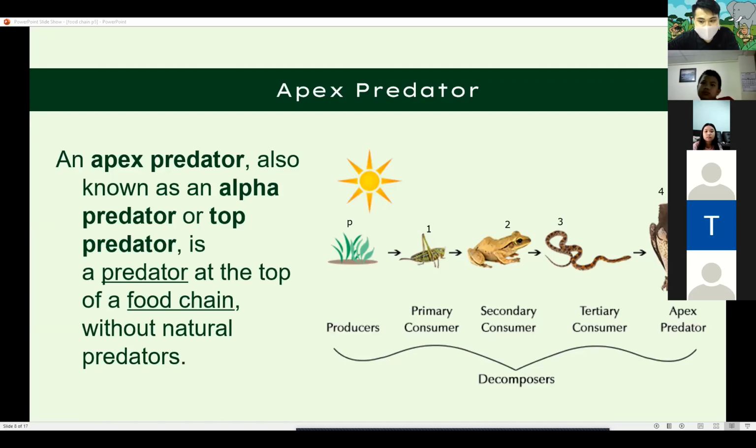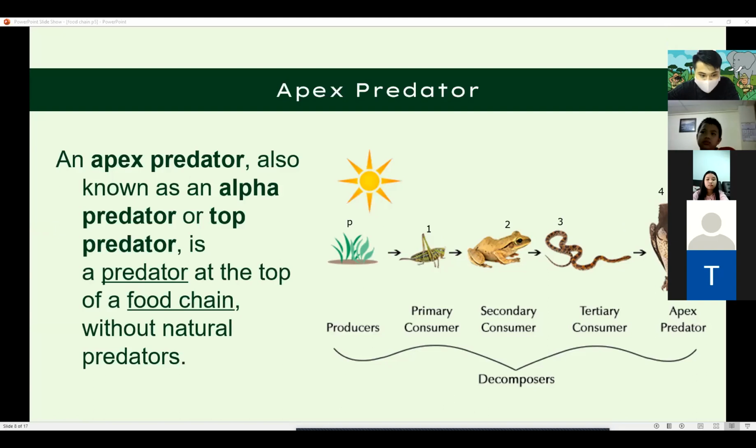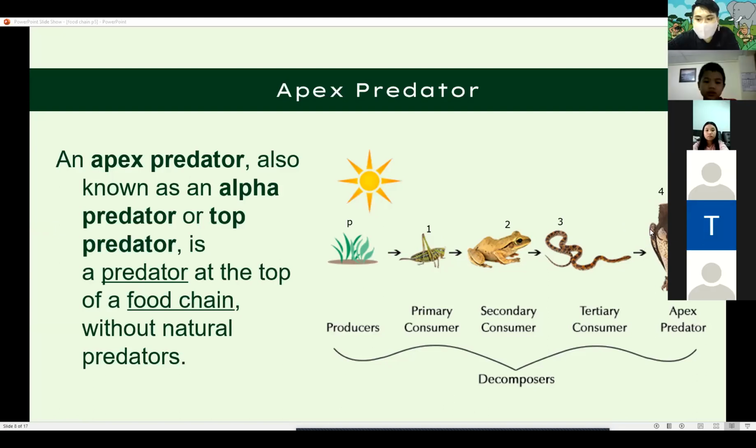No. Can the frog eat this bird? No. Can the snake eat this? No. Right? So, these are the boss. The last one that can eat this kind of bird or can hunt them are the people. Okay? Did you understand? Yes. Very good.